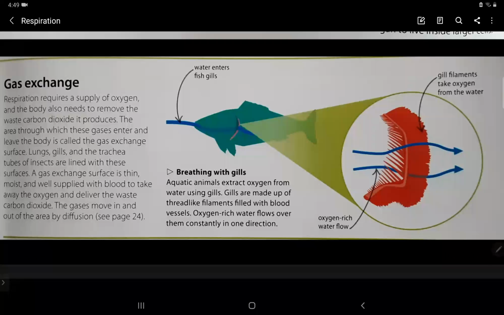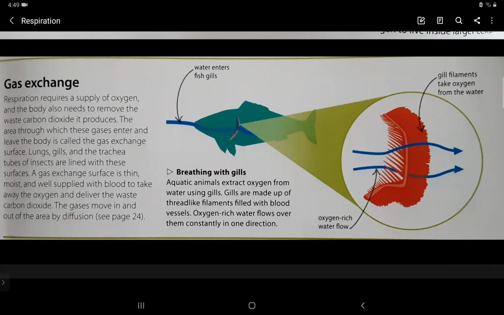Now let's learn about gas exchange. Respiration requires a supply of oxygen, and the body also needs to remove the waste carbon dioxide it produces. The area through which these gases enter and leave the body is called the gas exchange surface.